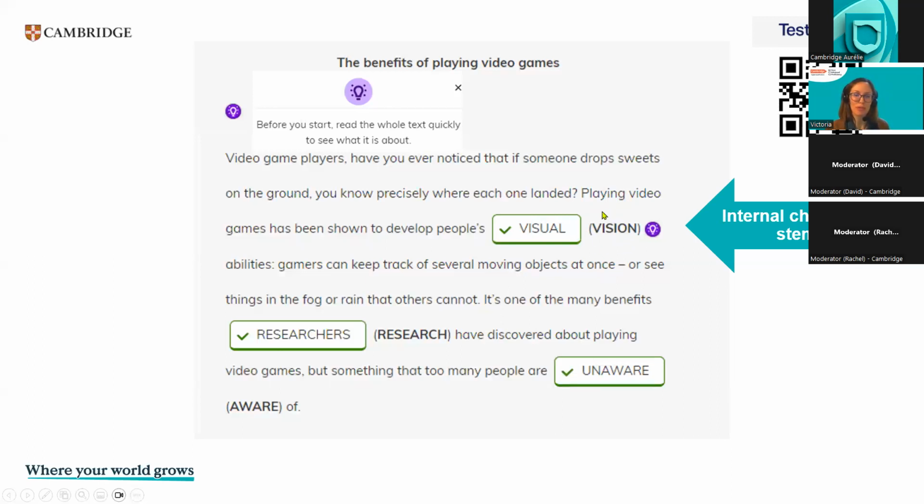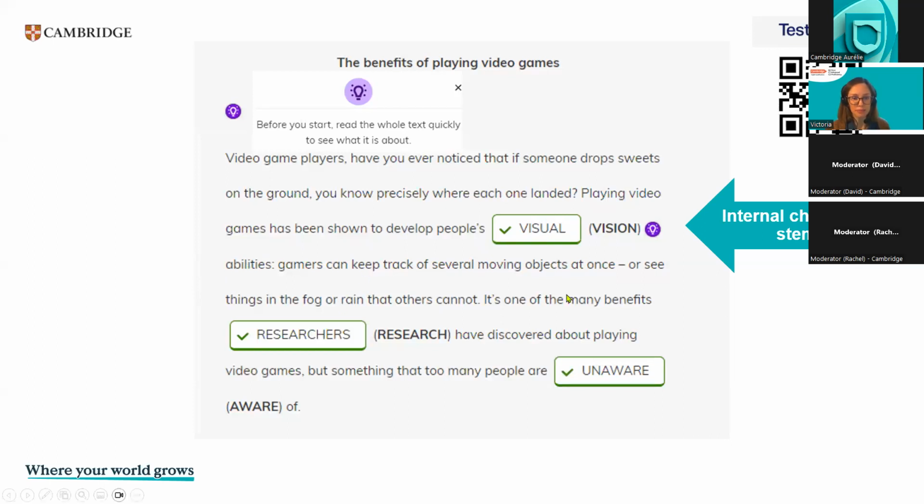In some cases, we've got words such as vision here, and what we need to do is to make an internal change to the word. So in this case, because we've got abilities here and the gap is right before, we may think we need an adjective, which is the correct option here.